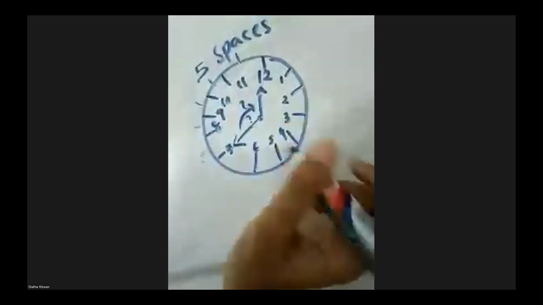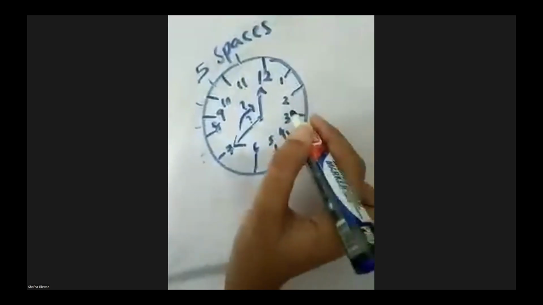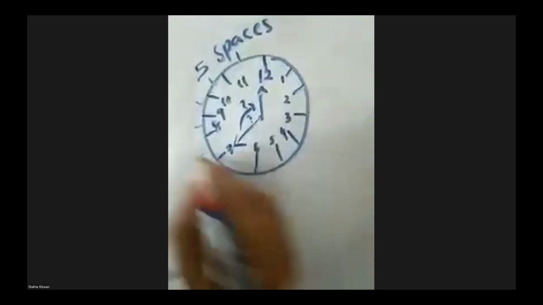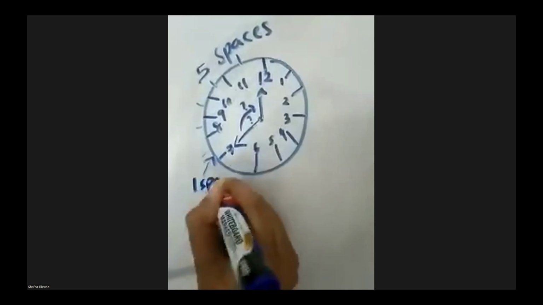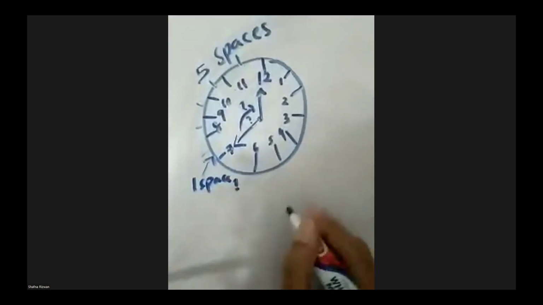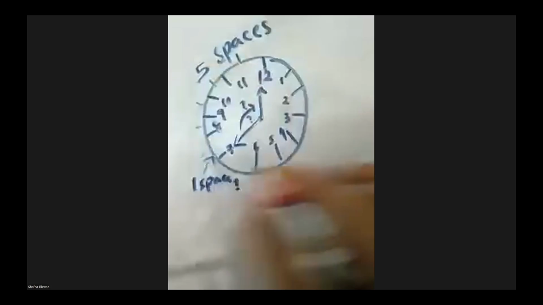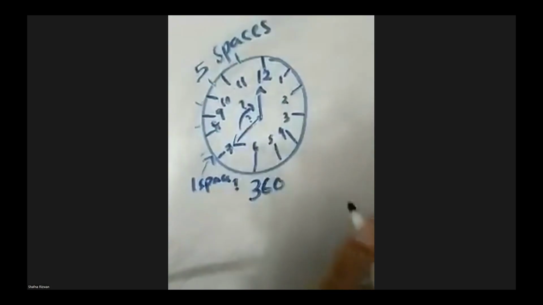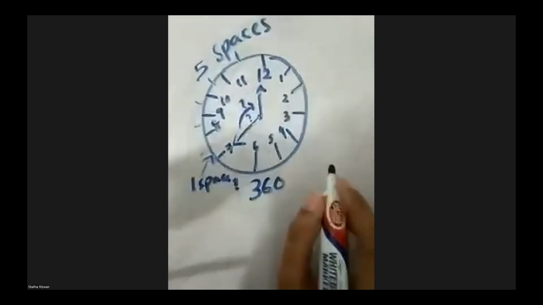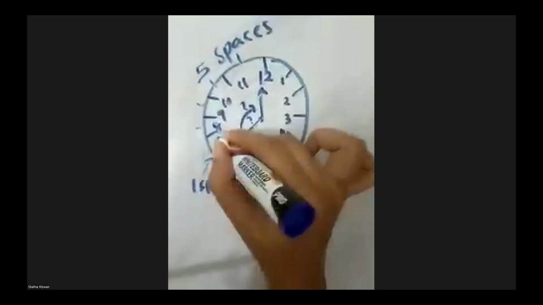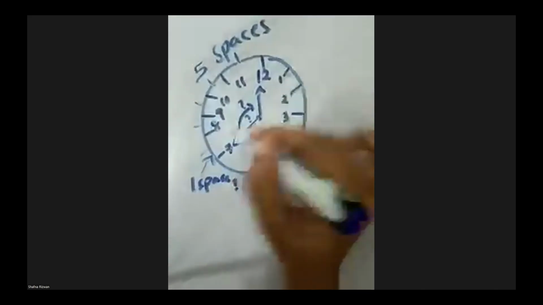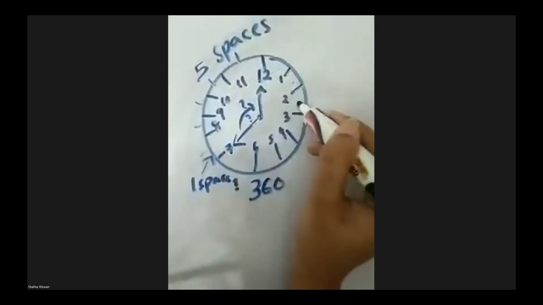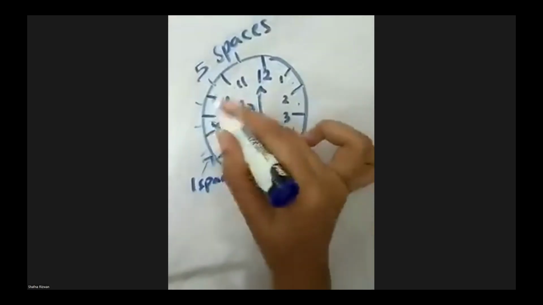After you find this space, what should you do? You have to find how much is the angle for this one space. How can you do that? You know this clock is round. Around a point means 360 degrees. Then I want to find for one space how much is the angle. For that, you have to see how many total spaces you have. Here 1, 2, 3, 4, 5, 6, 7, 8, 9, 10, 11, 12.